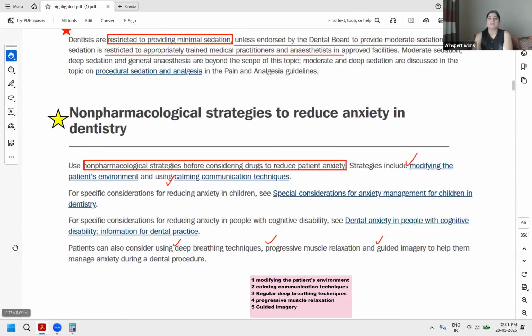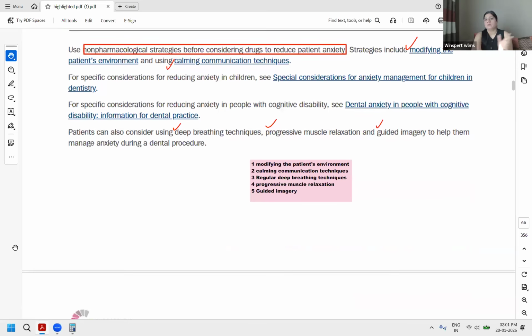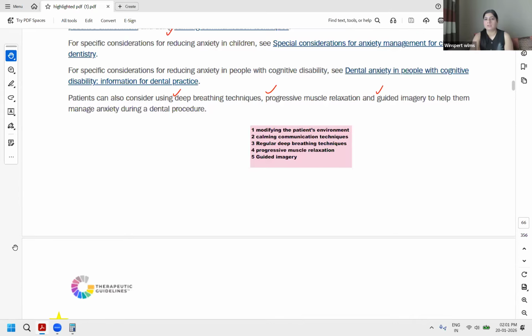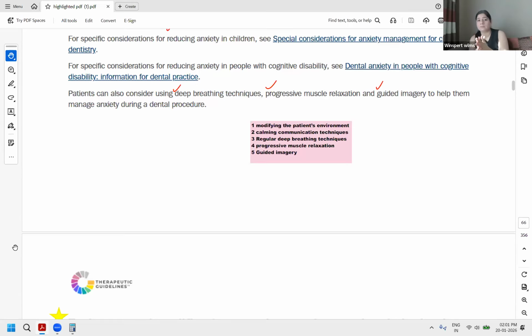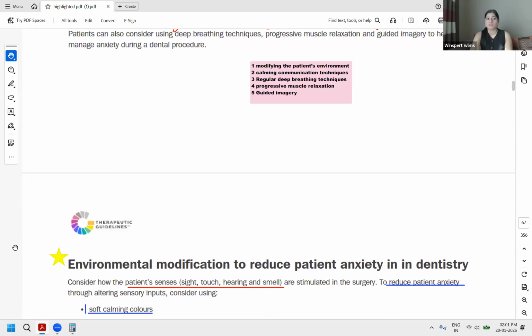So the first emphasis is on non-pharmacological strategies, which include modifying the environment, calming communication techniques, and special considerations for anxiety management for children in dentistry. Deep breathing techniques, muscle relaxation, and guided imagery can manage anxiety.